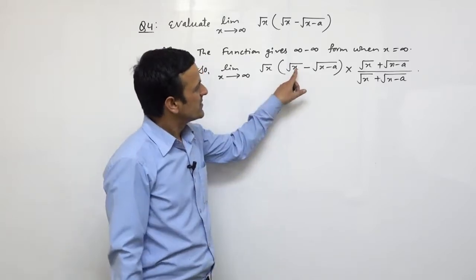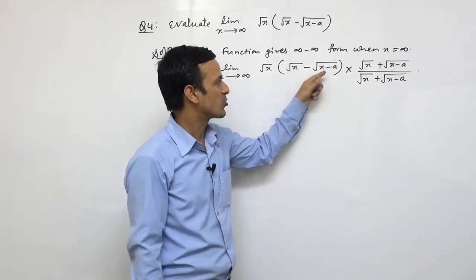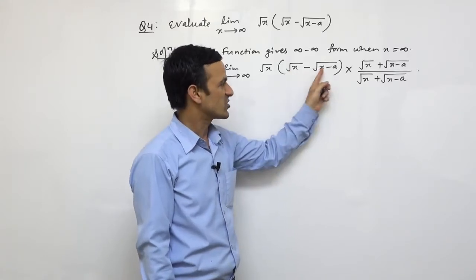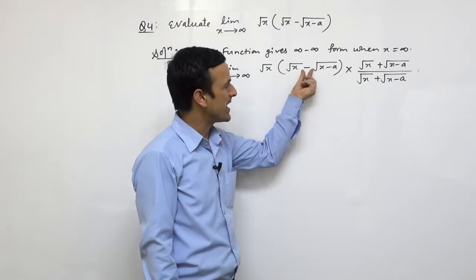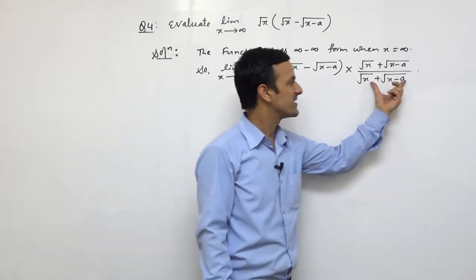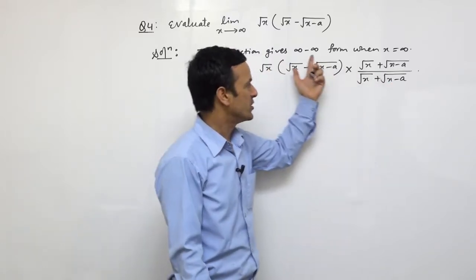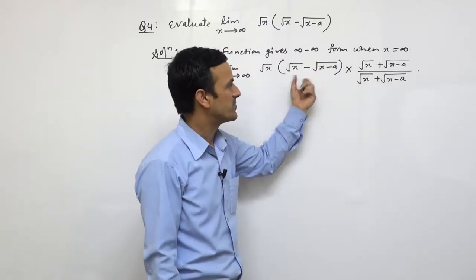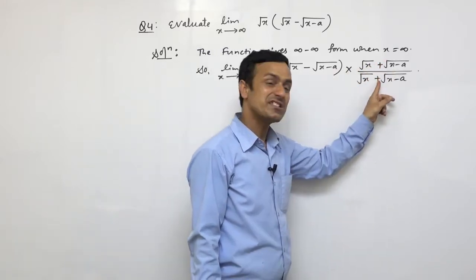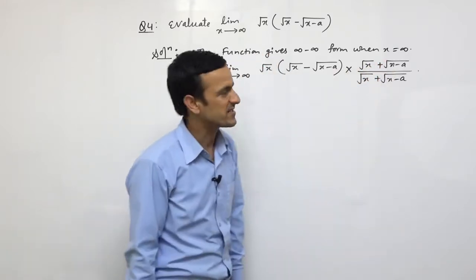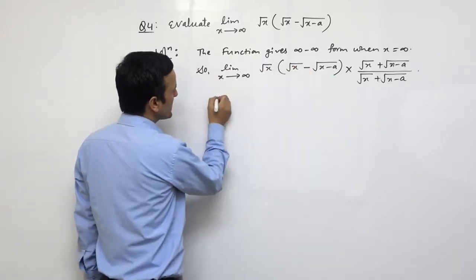So here, this is the difference of two roots. If there is a plus or minus between two roots, we always apply the conjugate rule, or rationalizing the numerator or denominator, whatever it may be. And when rationalizing the numerator, we have to take the opposite sign. This is plus sign.